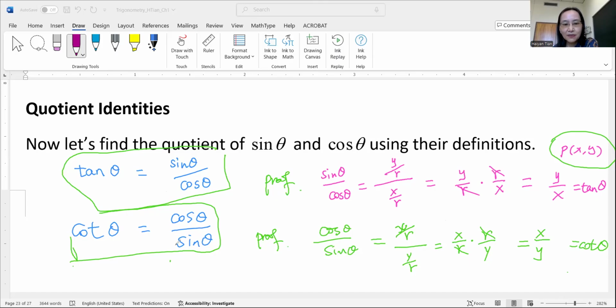And cosine divided by sine, I can get the cotangent value for theta. So those are the applications. If you want to use these quotient identities, that means you can find values of other trigonometric functions, like tangent and cotangent, using sine and cosine.